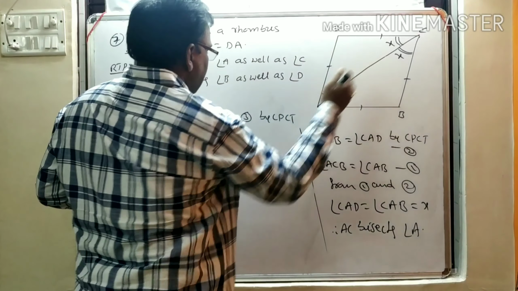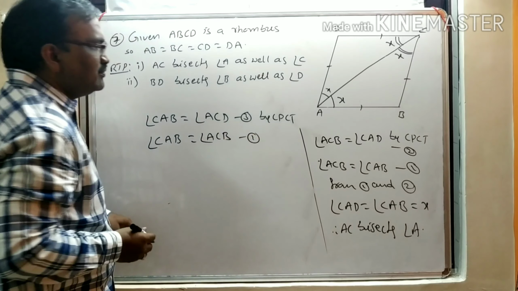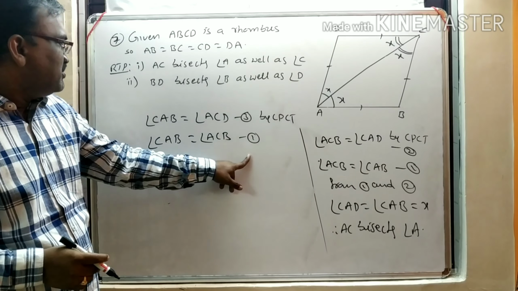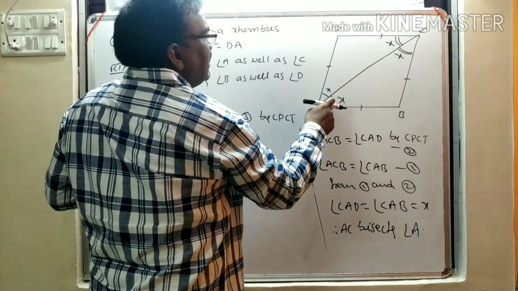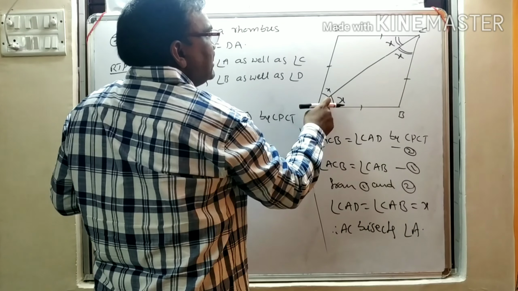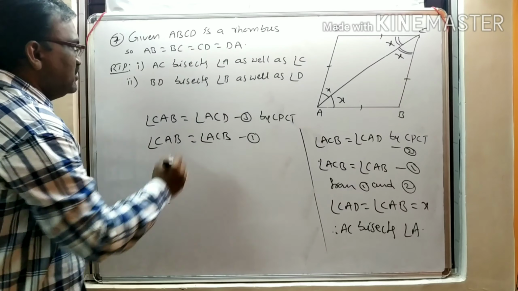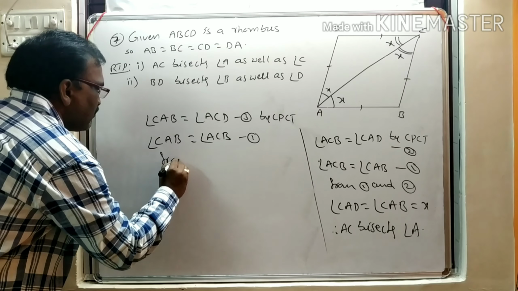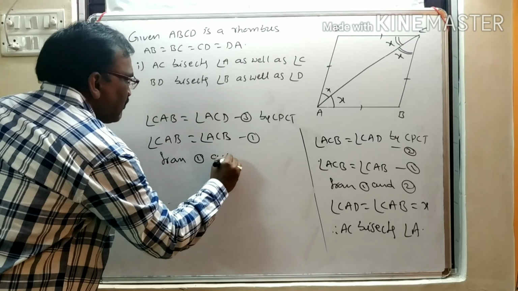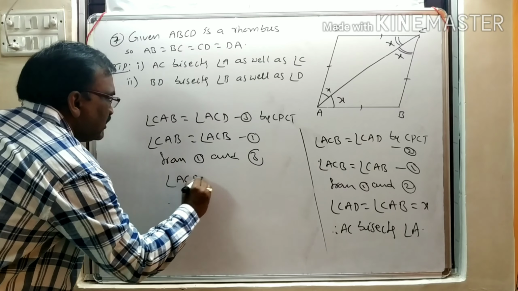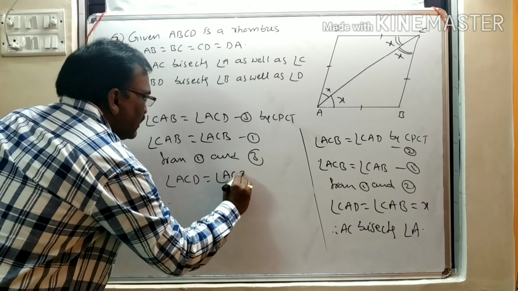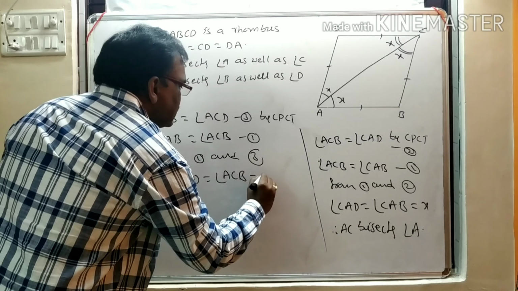This is 1. From 1 and 3, angle CAB is equal to this, and CAB is equal to this. So angle ACD is equal to angle ACB, also x.